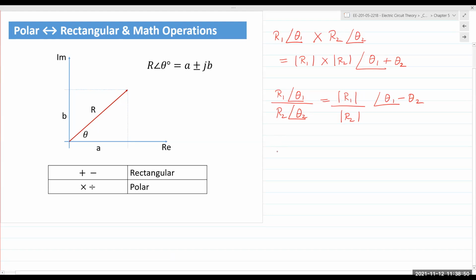And if I am summing up two complex numbers, then I would perform that math in rectangular coordinates. Simply add or subtract the real parts together, and you add or subtract the imaginary parts together.